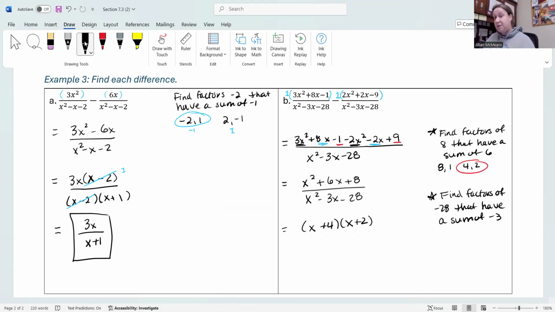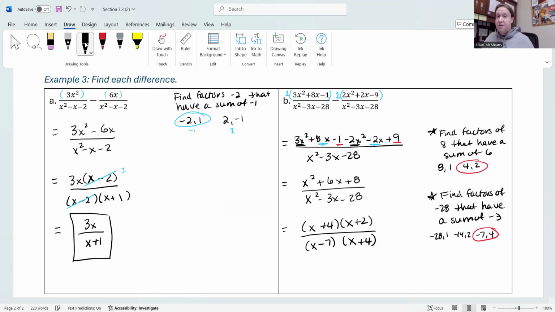And if their sum needs to be negative, that tells me the larger of the 2 factors should be the negative factor. So we could have negative 28 and 1, negative 14 and 2, negative 7 and 4. Of those 3 pairs, negative 7 and 4 is the pair that adds correctly. Negative 7 times 4 is negative 28. Negative 7 plus 4 is negative 3. So my denominator is going to factor as x minus 7 times x plus 4.